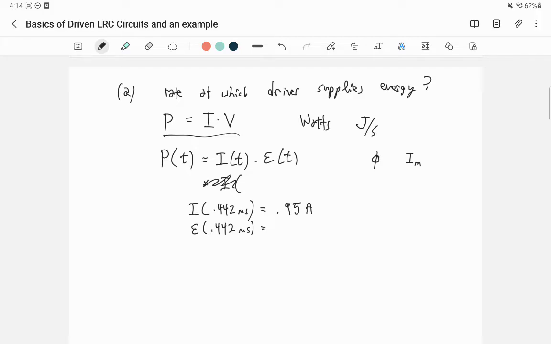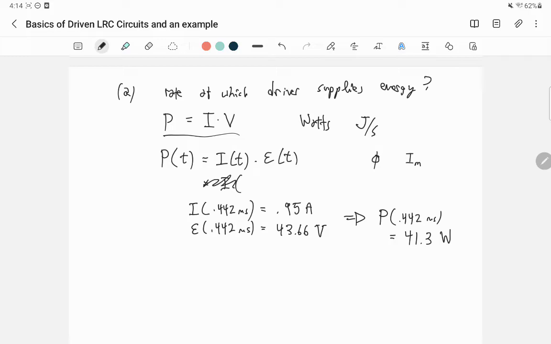No, I wrote it: 43.66. And these two numbers lead you to saying that the power at 0.442 milliseconds is about equal to 41.3 watts.